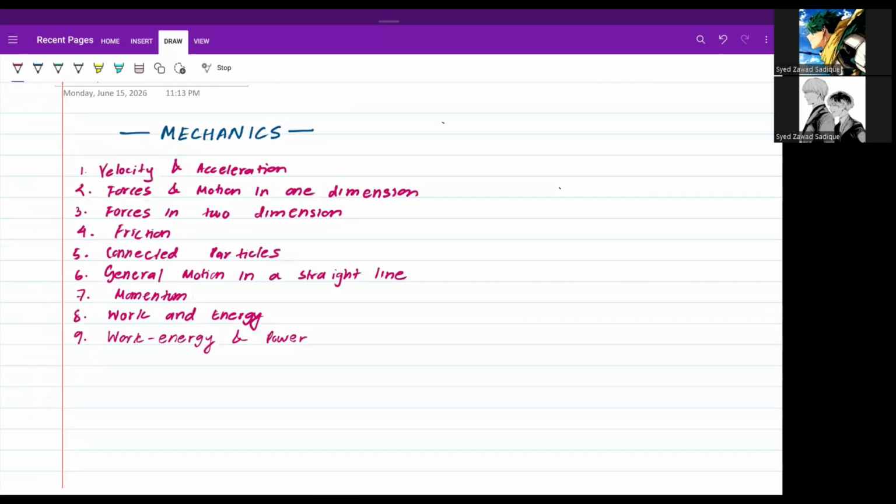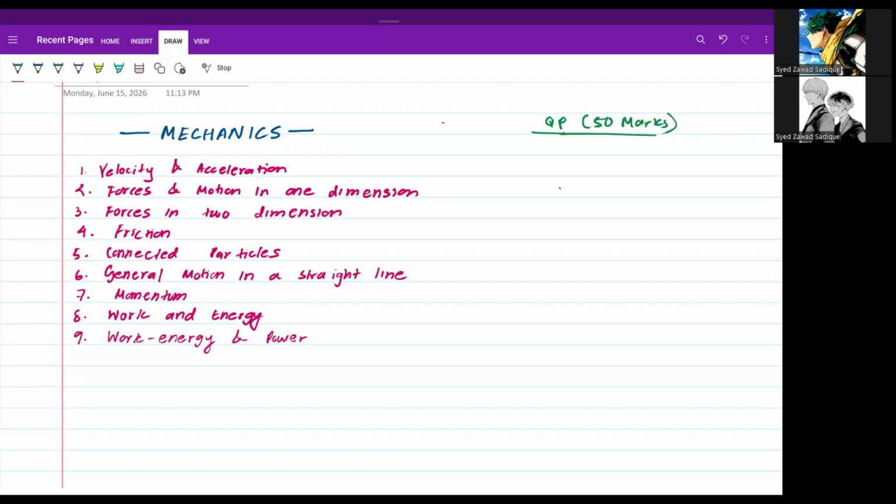Before we start, I'm going to give you a little overview of which ones are very easy and which ones are kind of hard. In your M1 question paper, a little bit about the question paper here: it is out of 50 marks.